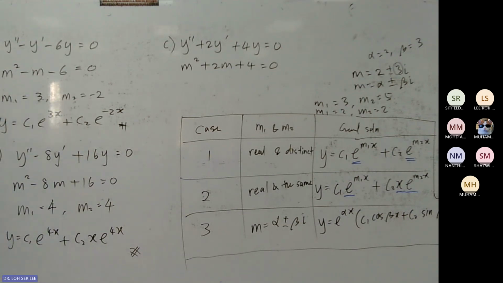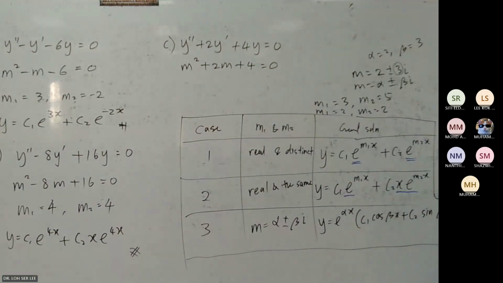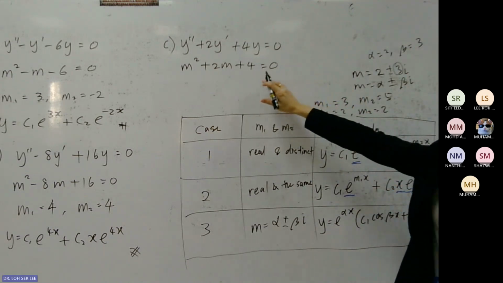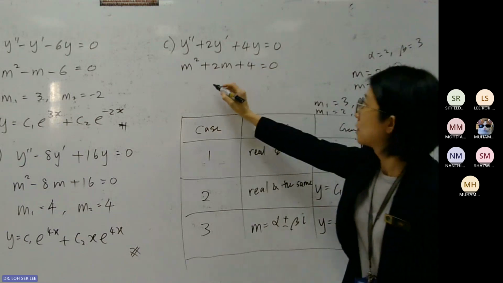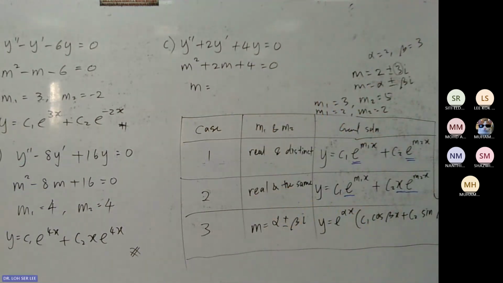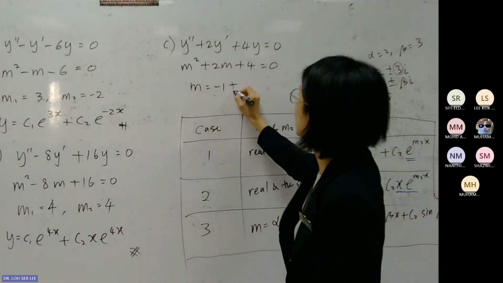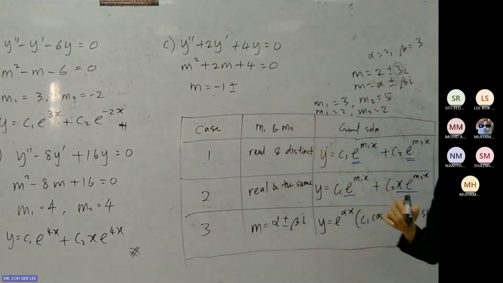So, what about C? You get it? Complex number, right? What is your alpha? Alpha is -1, plus minus, what is your beta?